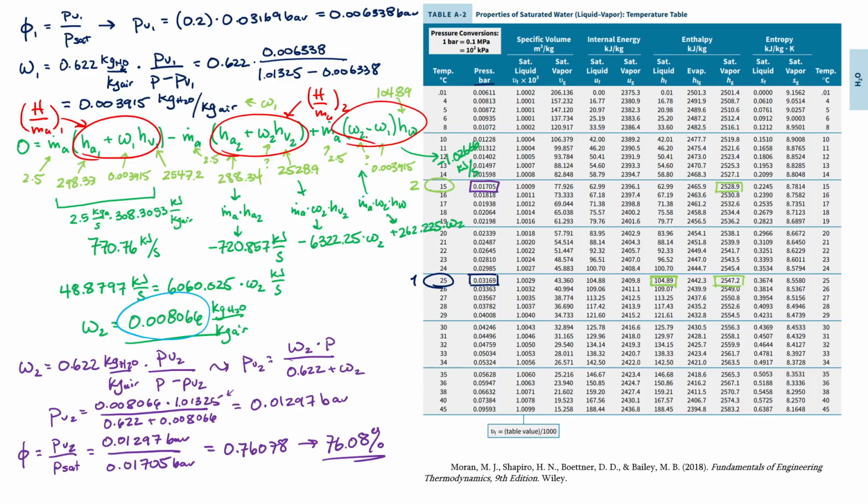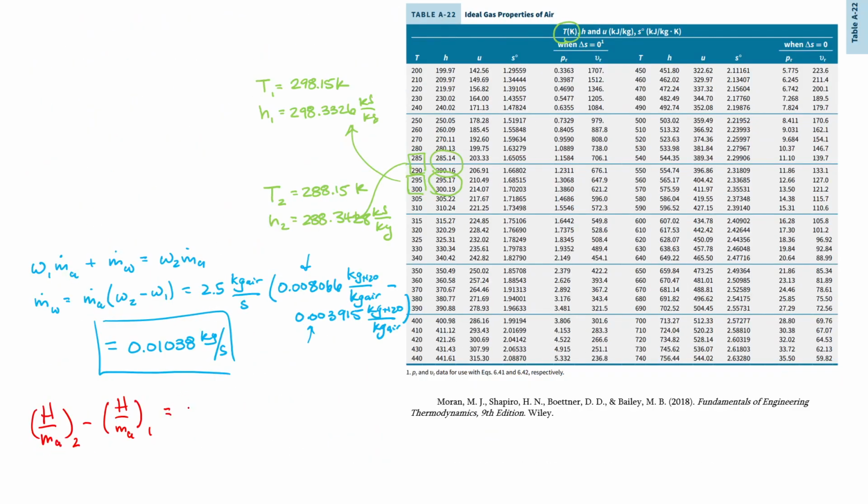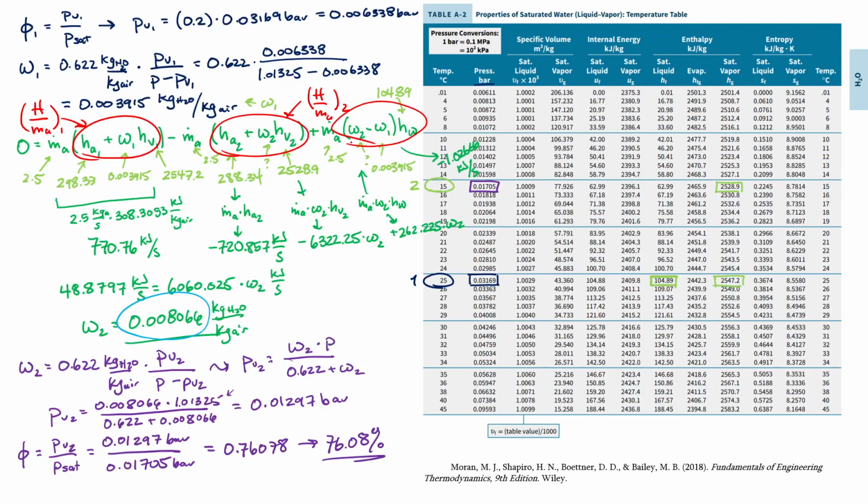I'm going to do this without it in this case. It's H2 minus H1. Yep, H2 minus H1 is going to be equal to omega 2 minus omega 1 times HW, because I've divided everything here by my mass flow rate of the air, by that 2.5.